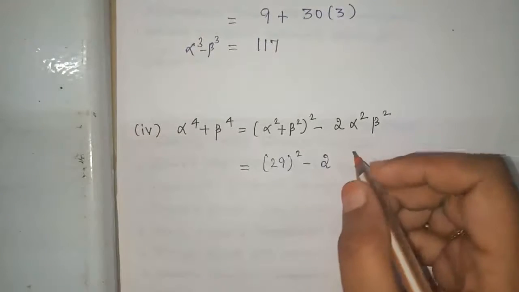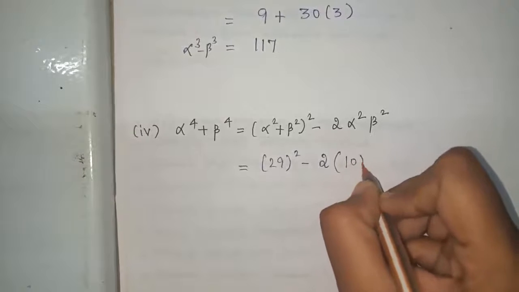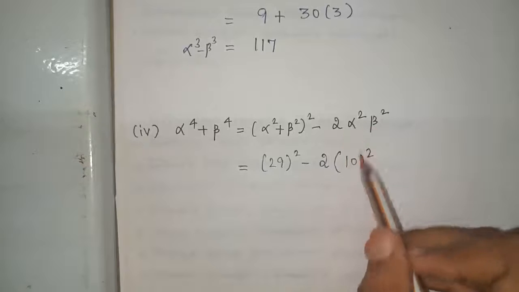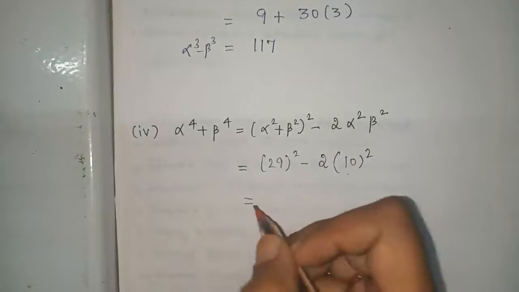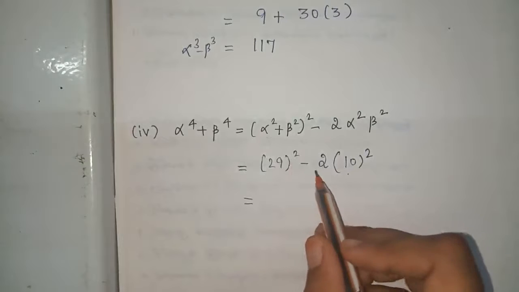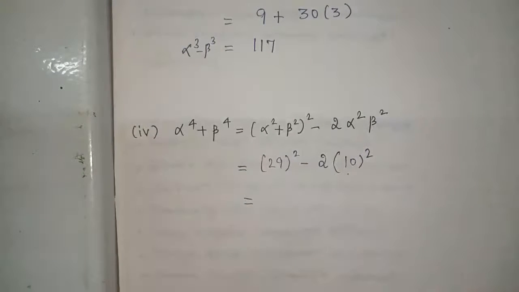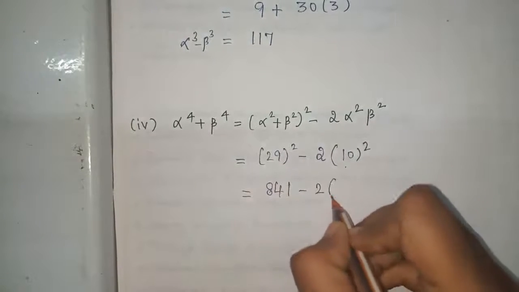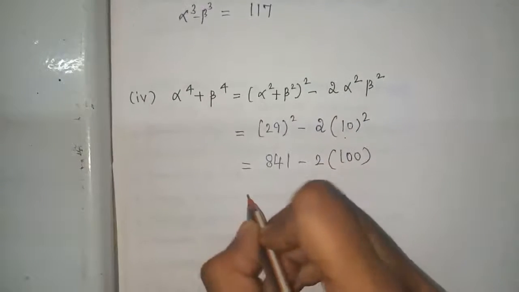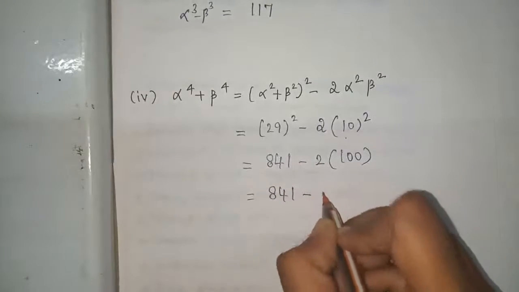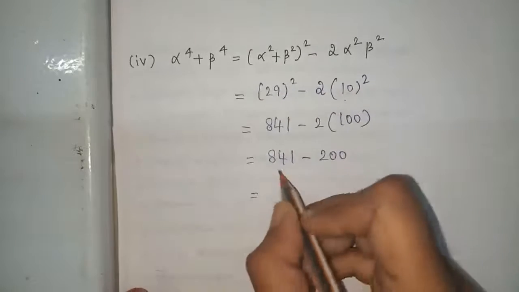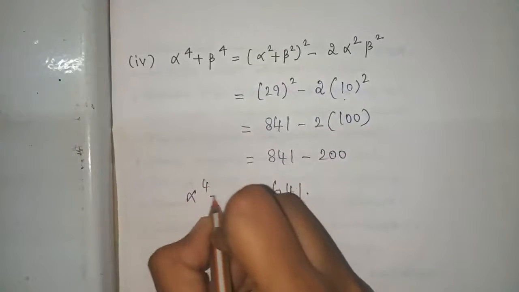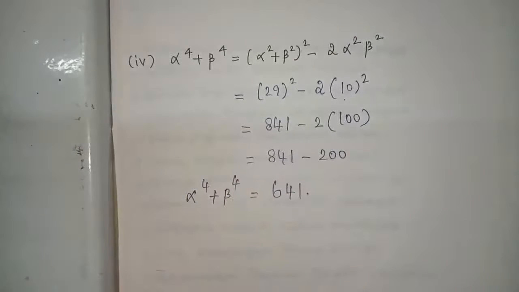The value is minus 2 into 10 the whole square, because alpha square beta square is nothing but (alpha beta) the whole square, and alpha beta value is 10. So it is equal to 29 square minus 2 into 10 square. 29 square is 841, minus 2 into 10 square, which is 100, that is 841 minus 200, which is equal to 641. This is the value for alpha power 4 plus beta power 4.